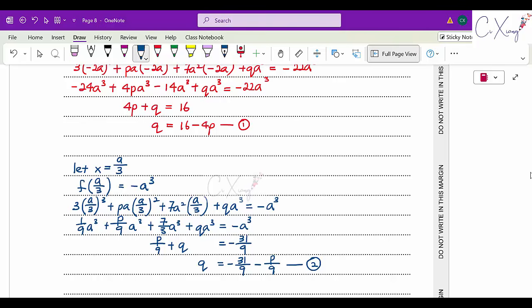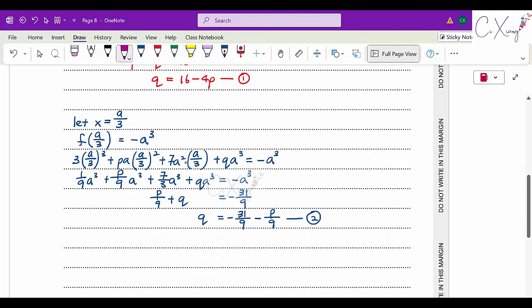From here, you shouldn't have any problem solving it, because you already have two equations, 1 and 2. Therefore, you can solve them simultaneously and get the answer. First I multiply the whole equation by 9 so that I get rid of the denominator 9, then I simplify.